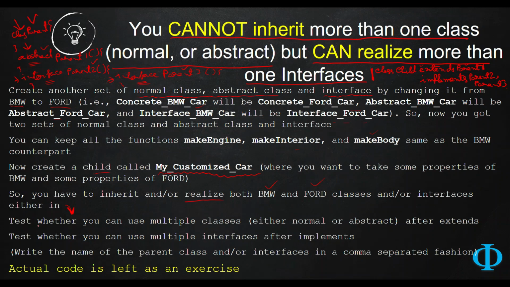Test whether you can use multiple classes, either normal or abstract, after the extends keyword. Remember, you already have two different abstract classes, abstract BMW class and abstract Ford class. So write both of them in a comma separated fashion after your child class, my customized car. You also have two different concrete classes, concrete BMW car and concrete Ford car.